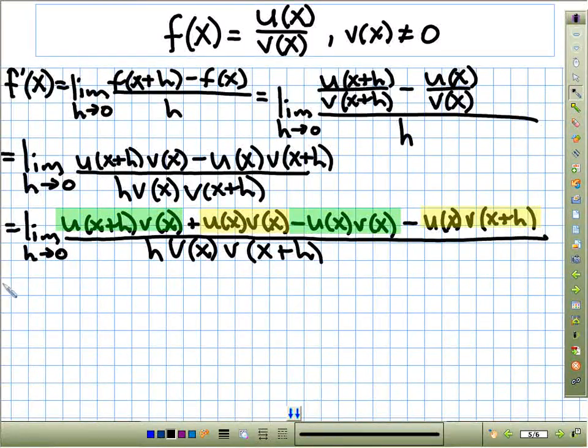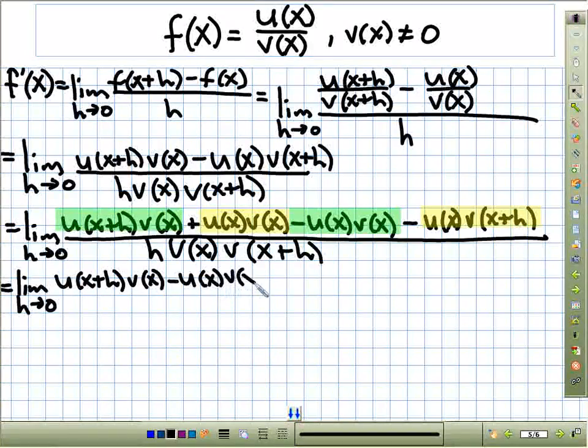So here we go. Here's the first thing: the limit as h goes to 0 of u of x plus h v of x minus u of x v of x, all over this denominator.